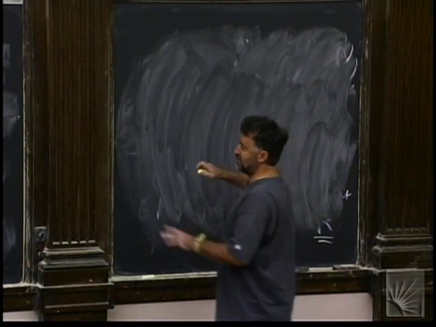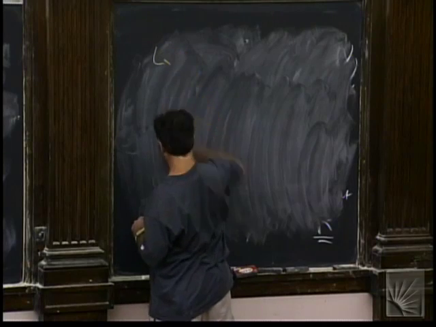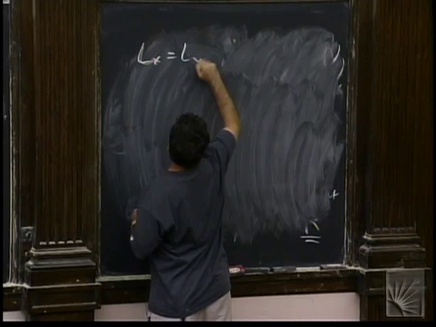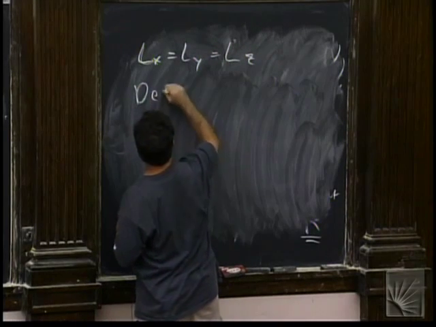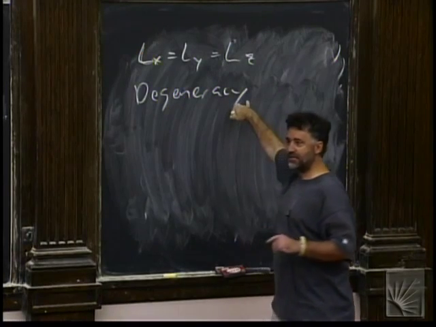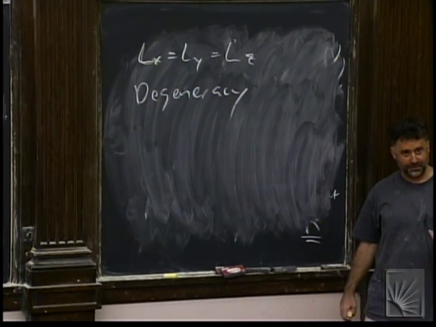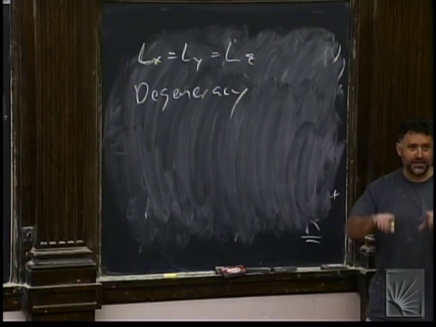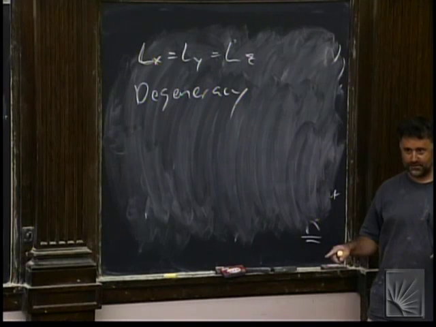An easy way to look at the phenomenon of degeneracy: degeneracy means that if you have different quantum numbers but the same energy, then that energy level is said to be degenerate.